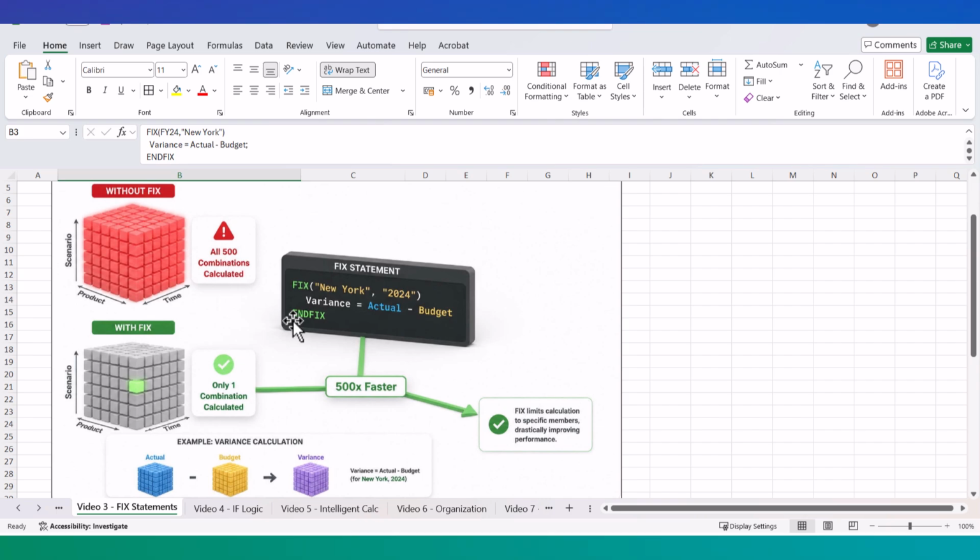Only for a small set of data, the variance will be calculated and saved into the database. So from this, there will be a 500x, that is 500 times, performance improvement on this command alone. Right? It's not calculating the entire database.